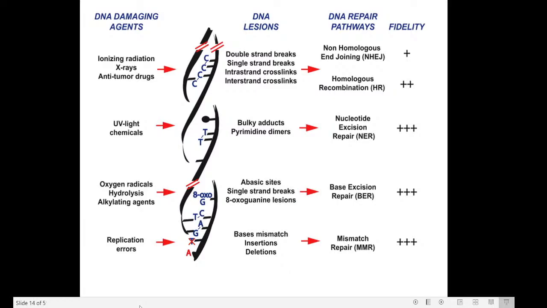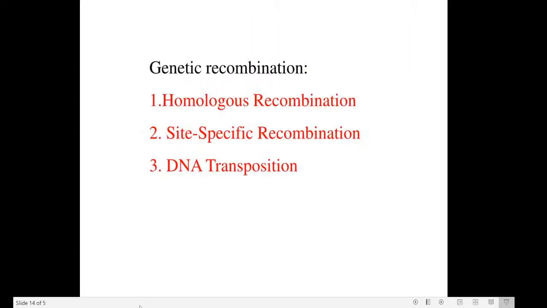Once you understand how DNA gets denatured and damaged, and how it can be repaired, you can easily overcome research problems. That is why they ask this kind of question frequently in the CSIR examination.